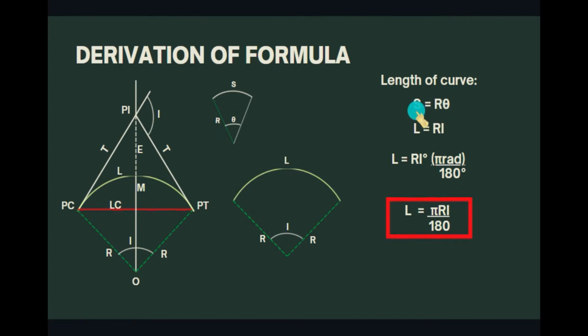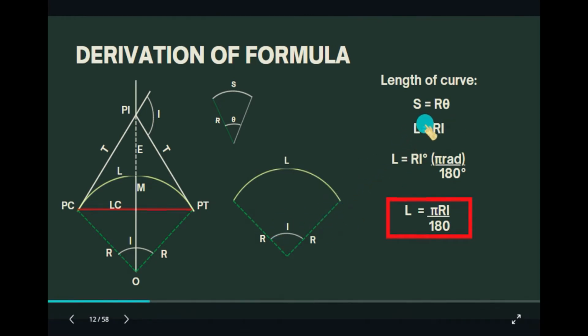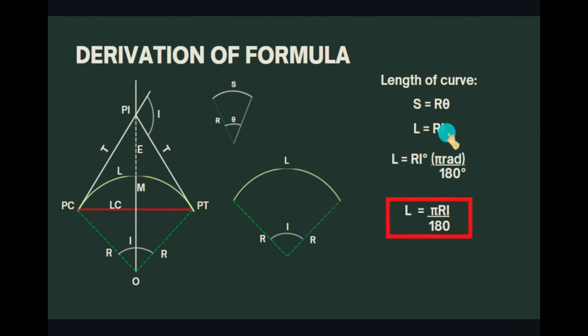So we'll be applying this formula to compute for the L, or the length of the curve. In this case, S would be our L, with the radius R, and theta would be the central angle I. Take note that I here is in degrees, so we need to convert it to radians. We multiply I by pi rad over 180 degrees, so we can cancel out the degrees and the remaining angle will be in terms of radians.